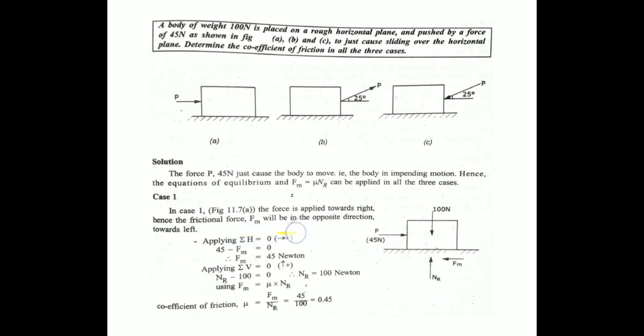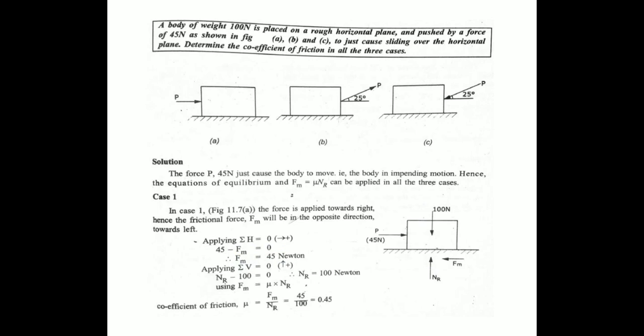Taking all the horizontal forces, 45 minus Fm is equal to 0. Therefore Fm is equal to 45 Newton. Similarly sigma V, that is Nr minus 100 equals 0. Therefore Nr is equal to 100 Newton.